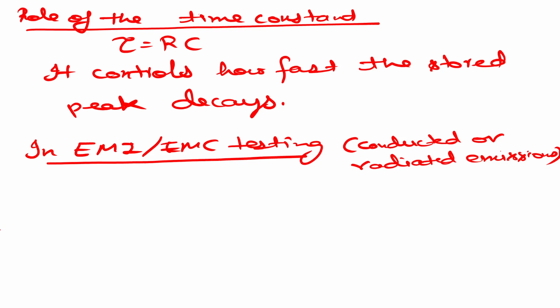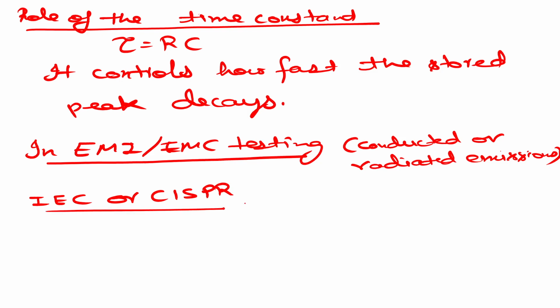Regulatory standards such as IEC or CISPR state that the EMI peak detector should respond quickly to fast transient spikes, but it should not store old peaks for a long time.